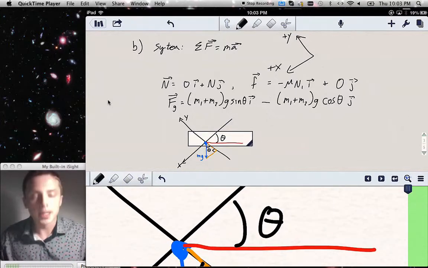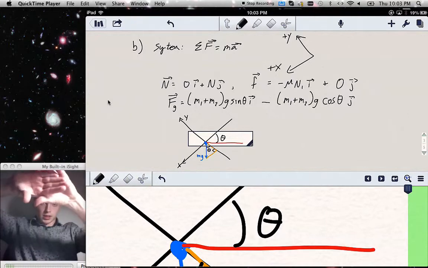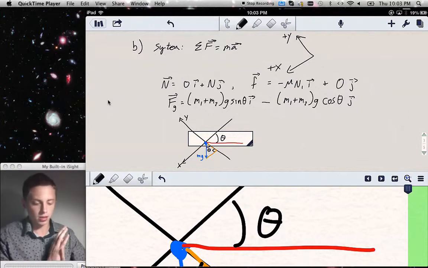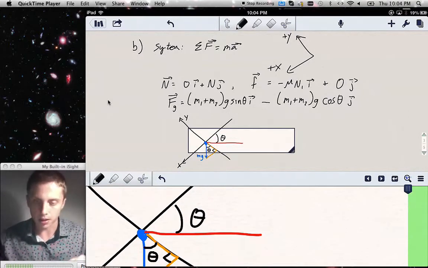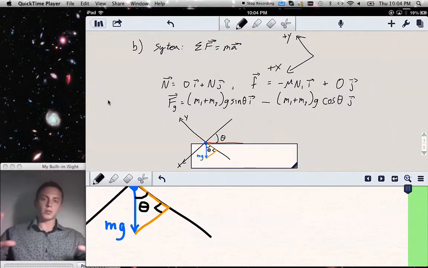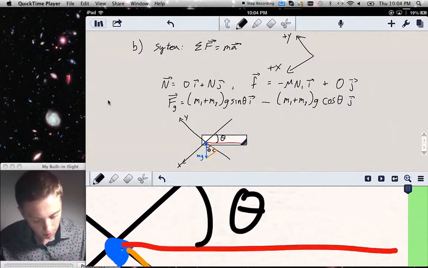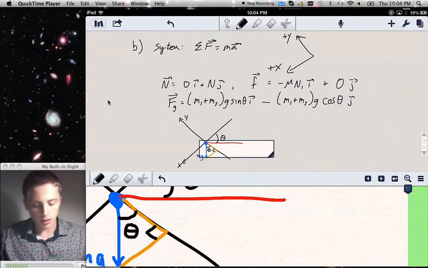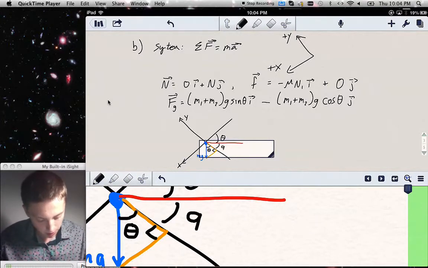Now we use the rule that the sum of angles extended through two perpendicular lines is equal to 90 degrees. The first set of perpendicular lines I'll use is the negative x-axis and the negative y-axis. The sum of the angles that extend through this line must be 90 degrees. So this angle theta, plus this angle between the red line and the black line, is equal to 90 degrees. So this angle here is 90 minus theta.